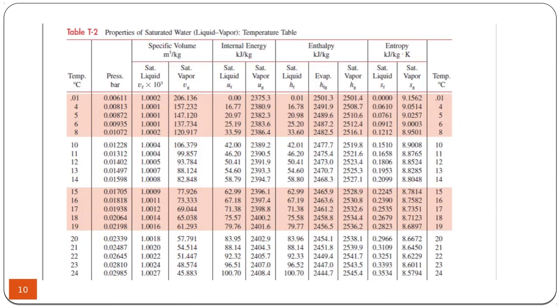So how can we find out the properties in the saturation case? Because during the saturation, you only need one of the intensive properties, pressure or temperature. So you have two types of saturation tables. One table is given for temperature, so it starts with temperature.